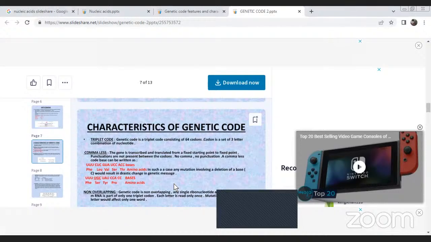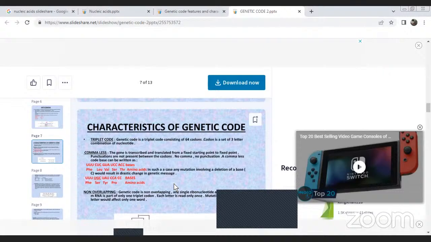A comma-less code can be written as UAU, UUU, CUC, GUA, UCC, ACC. What is the meaning of comma-less codons? There is no comma in between the codons. Otherwise it results in a drastic change in the genetic message.